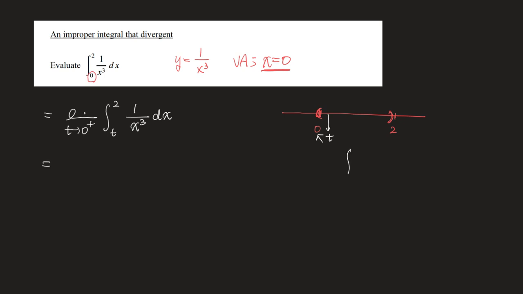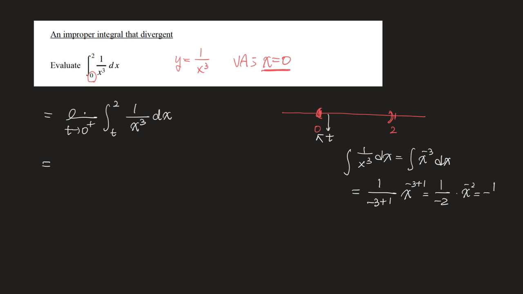So let's find the antiderivative of 1 over x cubed dx, the integral of x to the negative 3 dx. That's going to be 1 over negative 3 plus 1, times x to the negative 3 plus 1. That's 1 over negative 2, x to the negative 2.